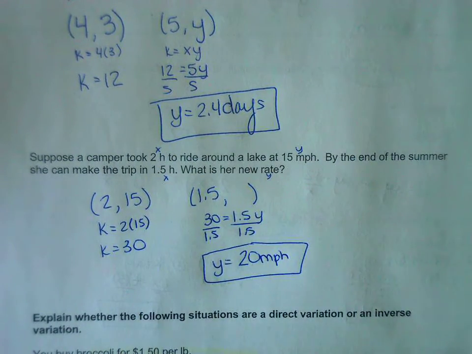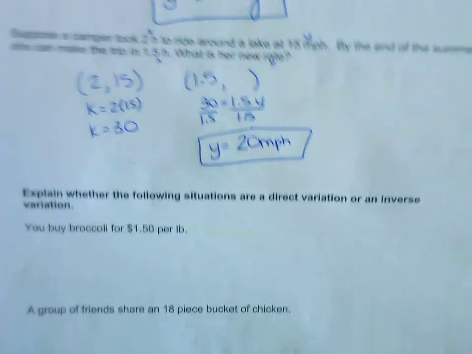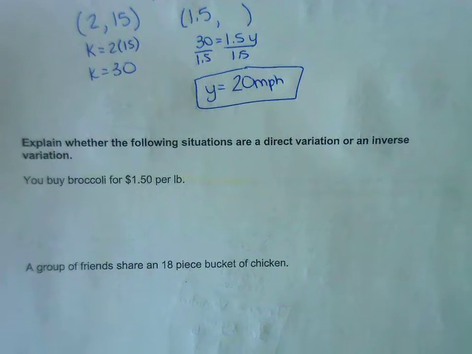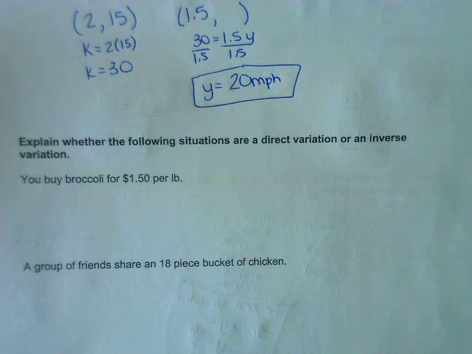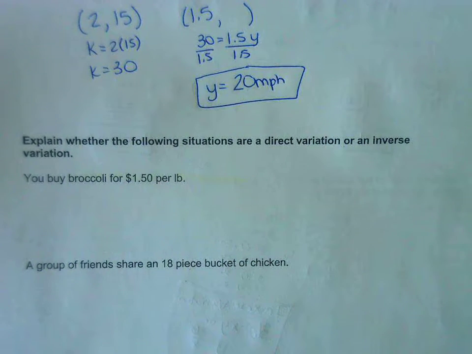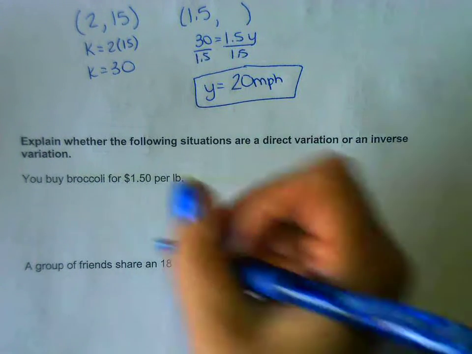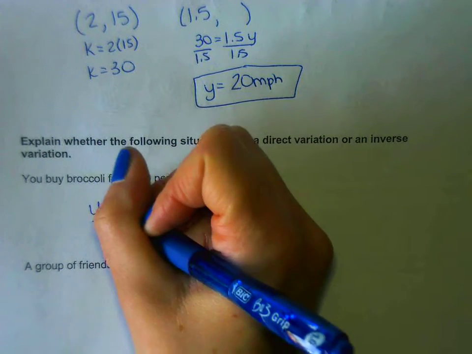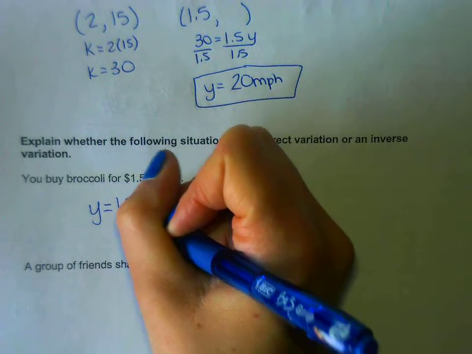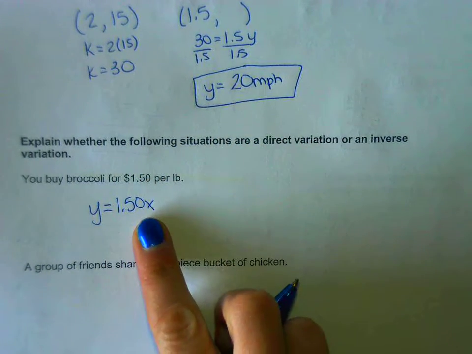Explain whether the following situations are a direct variation or an inverse variation. So you buy broccoli for $1.50 per pound. In this case, if I'm trying to figure out how much something is going to cost, I'm going to take how much it costs and multiply it by how many pounds I buy. So this is set up as a direct variation.